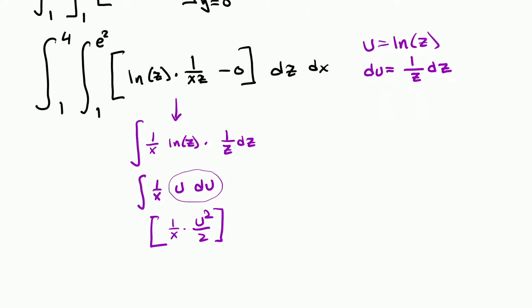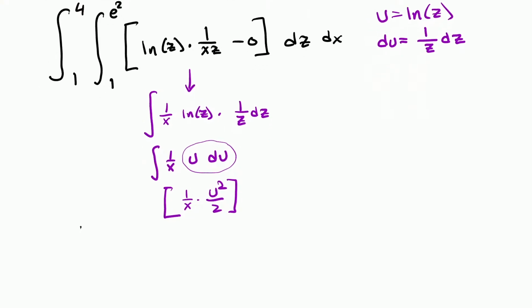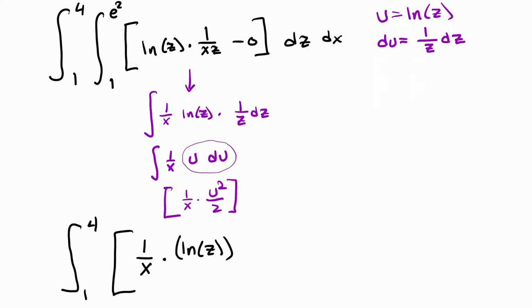All right, now I'll go back to the other color so that you can see what I've done. From 1 to 4, we have 1 over x times the natural log of z squared over 2, evaluated from z equals 1 to z equals e squared.